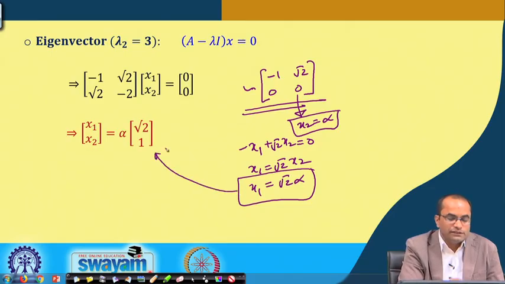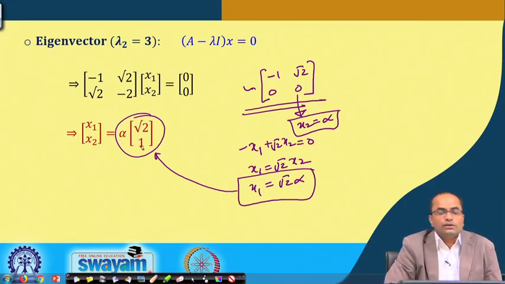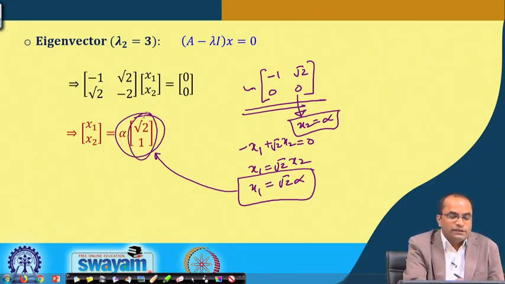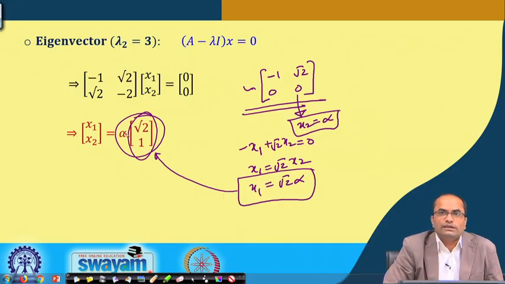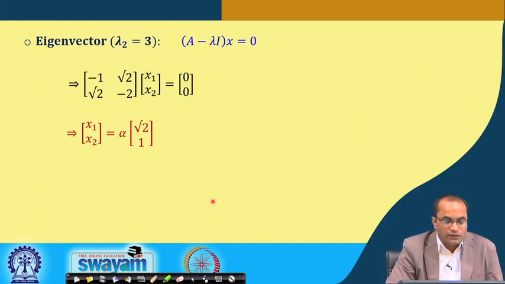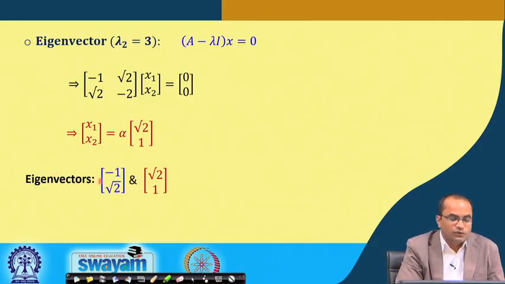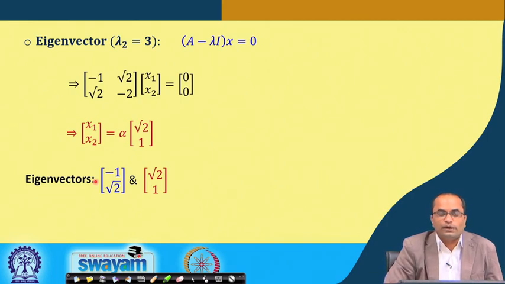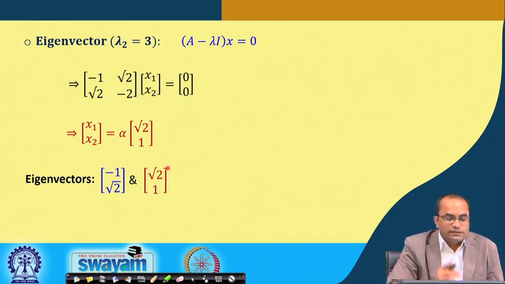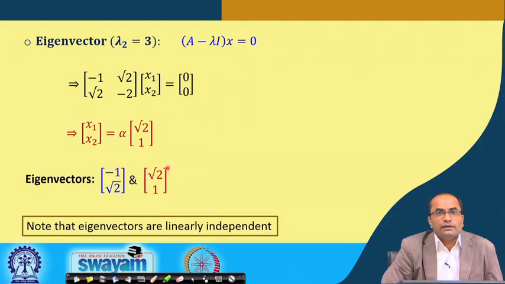The solution x1 is square root 2 alpha and x2 is alpha. So, this is another vector, any multiple of this, square root 2 and 1, we can take as an eigenvector. So, in this case the eigenvectors corresponding to the 0 was minus 1 and square root 2, and here we have square root 2 and 1.